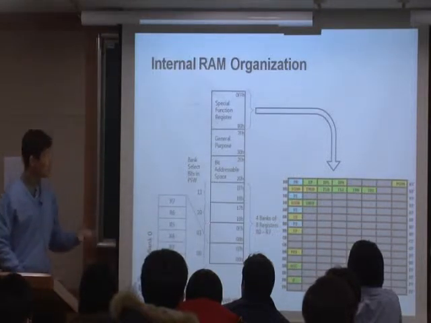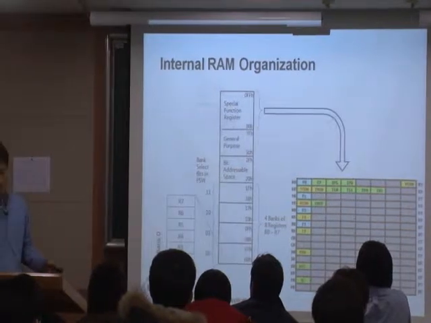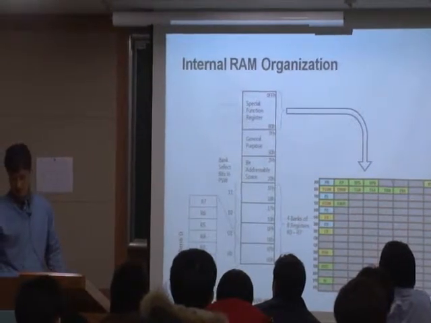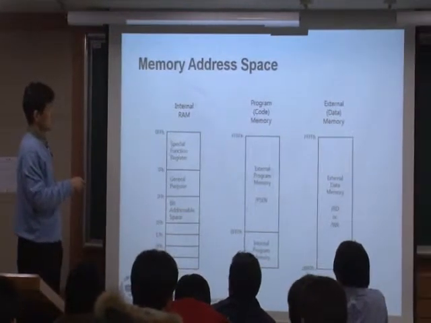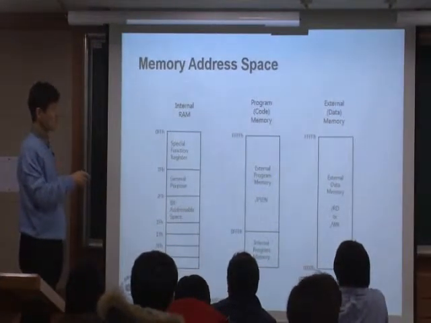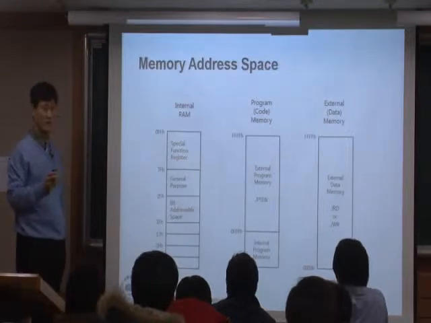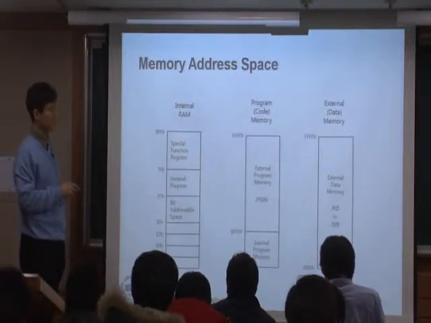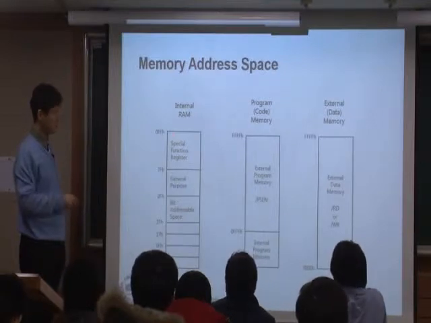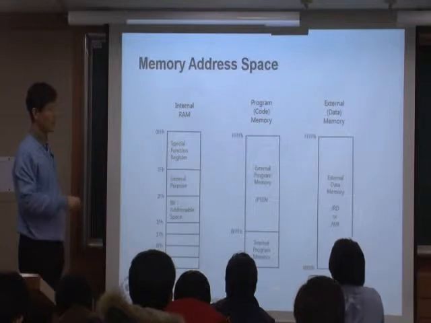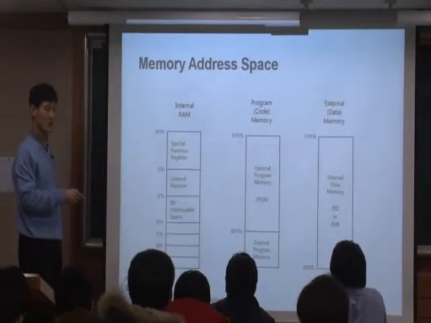So this is a general overview of internal RAM. We'll look at the register details in a couple of slides later. Memory address space. What is this concept? This is a memory address space for internal RAM. This is the whole memory map of a program memory.